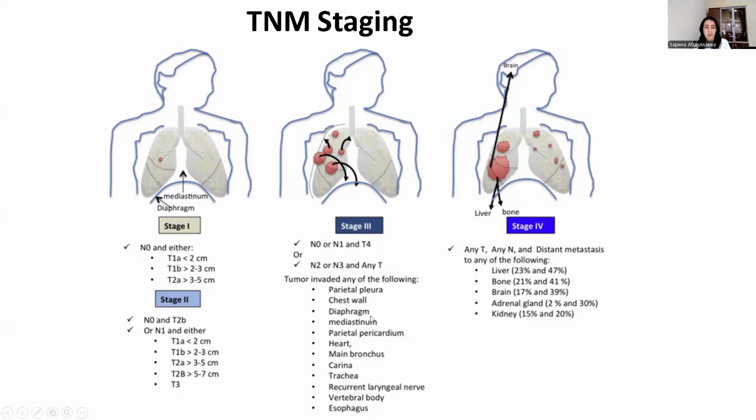It means the tumor invaded any of the following: parietal pleura, chest wall, diaphragm, mediastinum, parietal pericardium, heart, main bronchus, trachea, recurrent laryngeal nerve, vertebral body, or esophagus. On stage 4, we have distant metastasis at any size of the tumor. Distant metastasis usually will be to the liver, bone, brain, adrenal gland, and kidney.